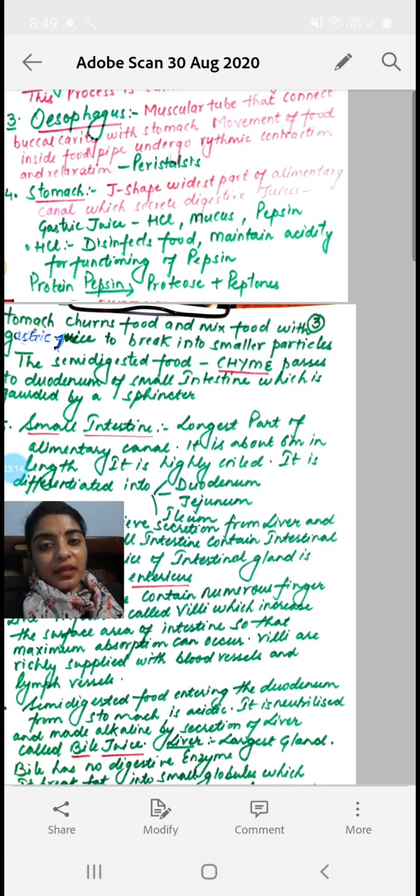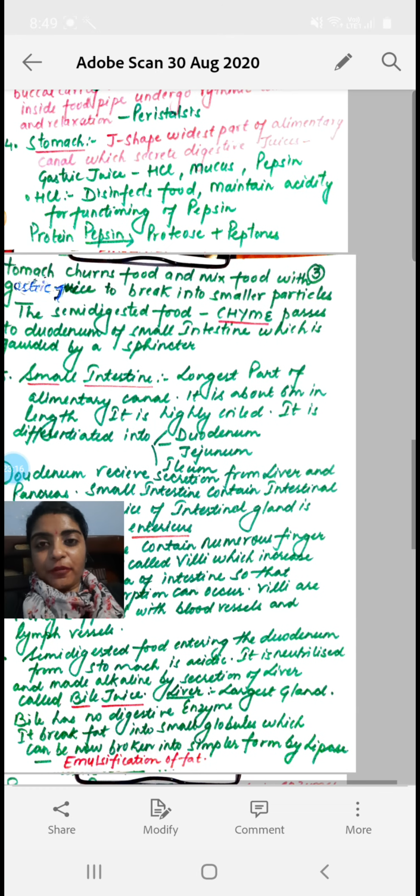Now stomach, it is the J-shaped widest part of the alimentary canal which secretes the digestive juices. Okay, and these special digestive juices are named the gastric juices. So the word gastric is related with the stomach.